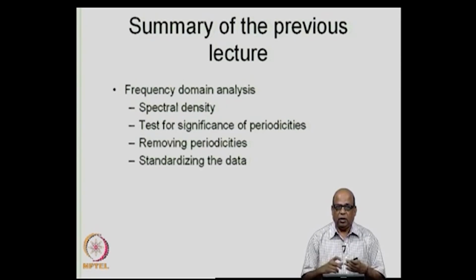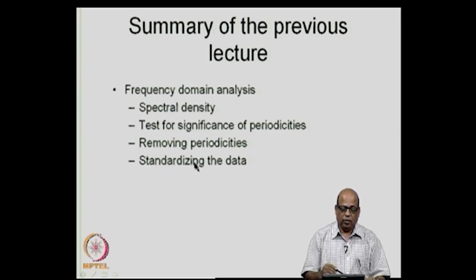And then once we identify the statistically significant periodicities, we also examined how we remove those periodicities from the data. In that process we also introduced a method of standardizing the data.